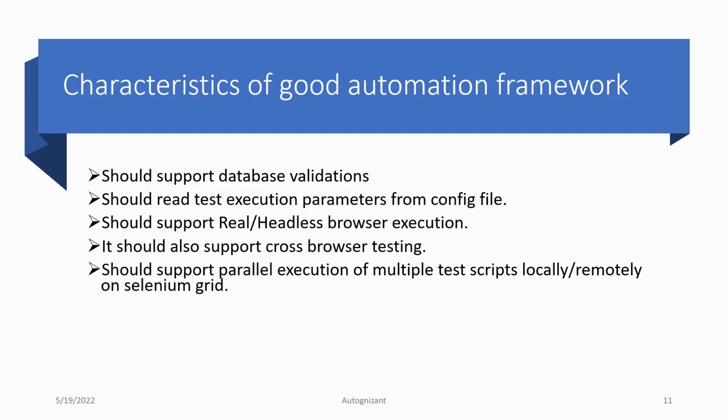If we have huge regression suites, they will take a long time to complete if we execute sequentially. So the framework should support parallel execution of multiple test scripts locally or remotely on Selenium Grid.